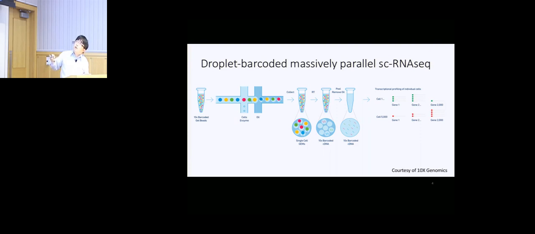So stochastically, some droplets will have one cell. Some of them may have two cells. And you do the in-droplet lysis and reverse transcription, and you can sequence each droplet, each RNA sequence read tagged by these cell barcodes. So you can demultiplex each read by the cell origin, then you can aggregate the reads coming from one barcode, and those are the profiles of the single-cell expressions.